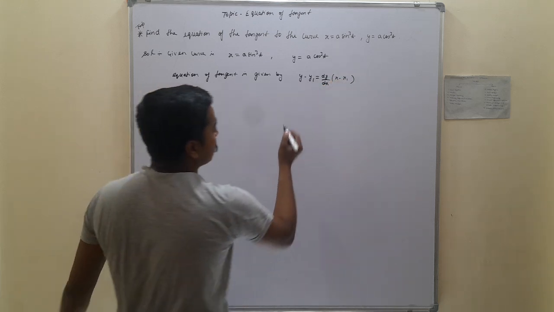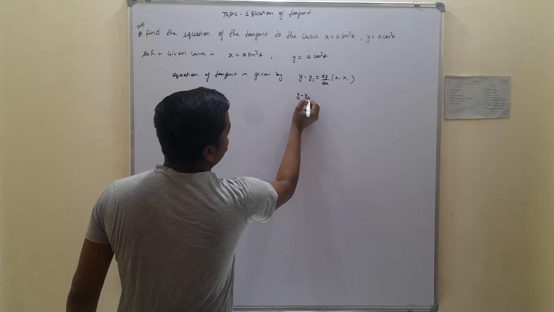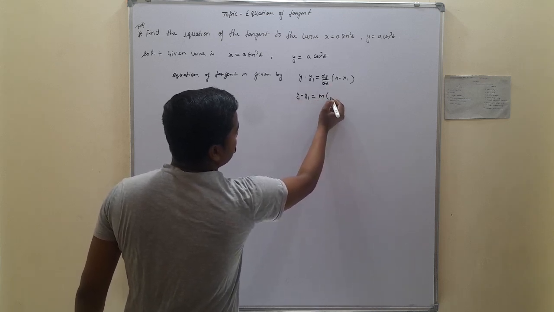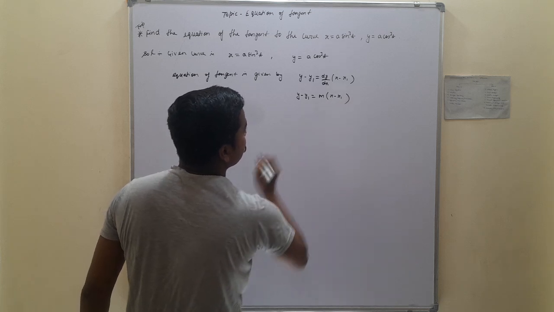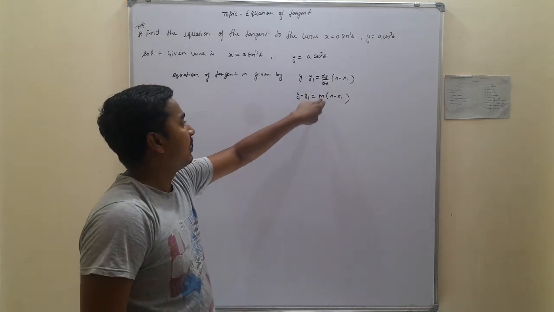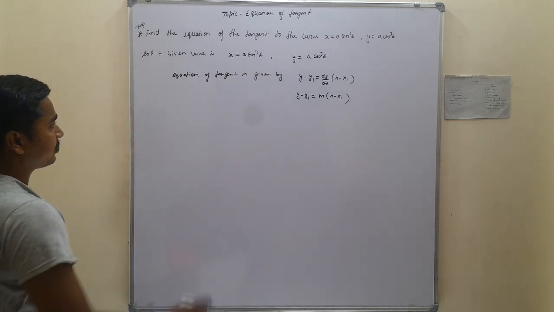We can also write this as y minus y1 equals m times x minus x1, where m represents dy upon dx, and we have to calculate dy by dx from the given curve.